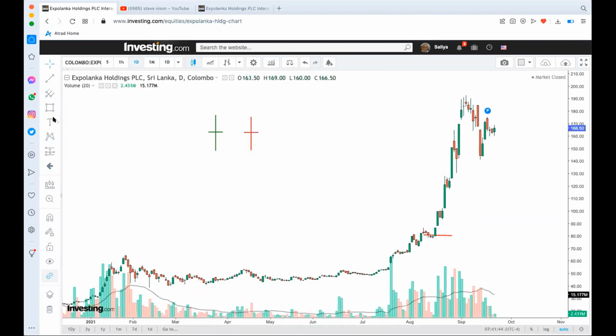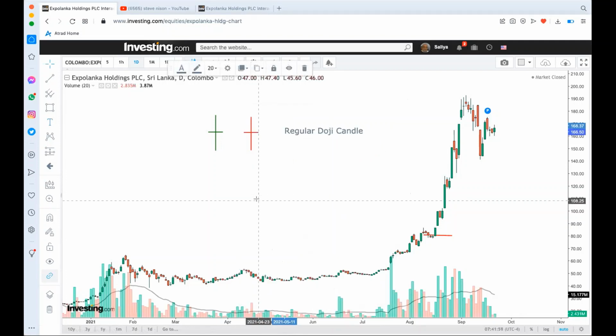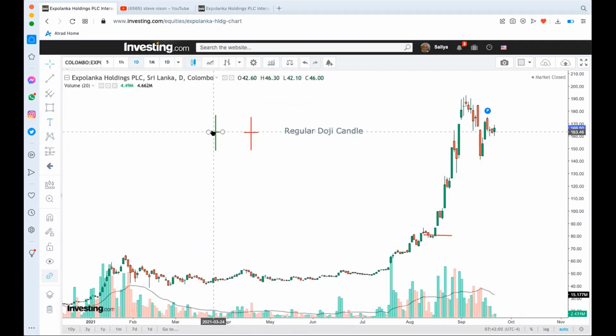This is a regular Doji candle. Right? Then you have a candle like this, where the open, the close, and the high, in actual fact, you don't know whether the open is on the left or the close is on the right, because the open, the close, and the high are the same price.